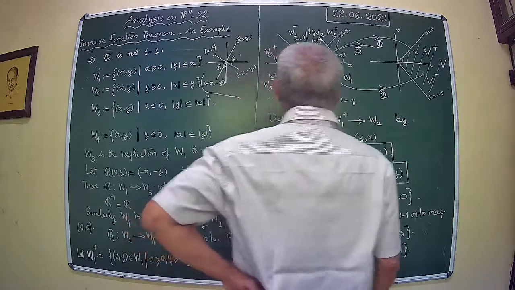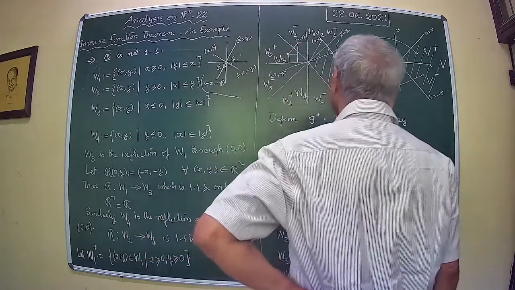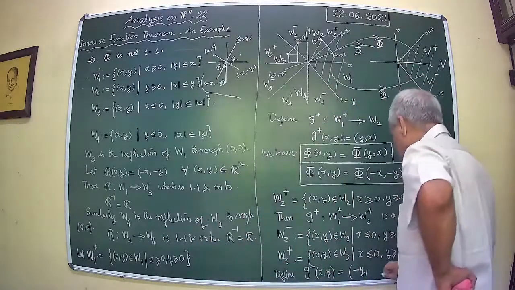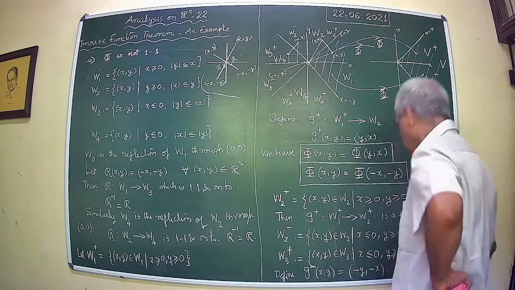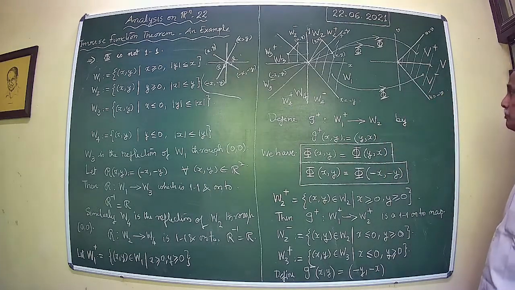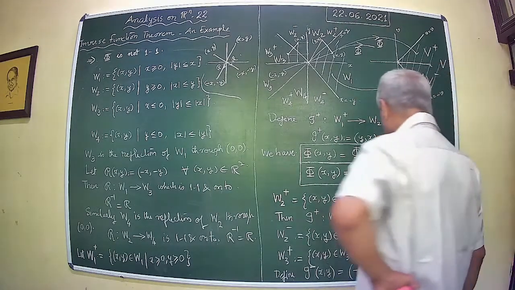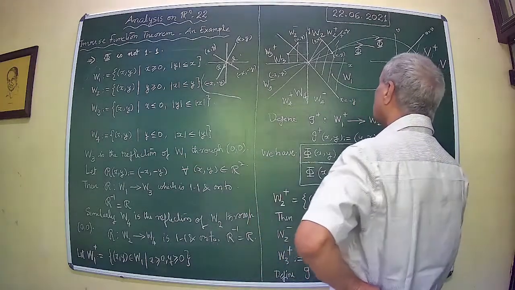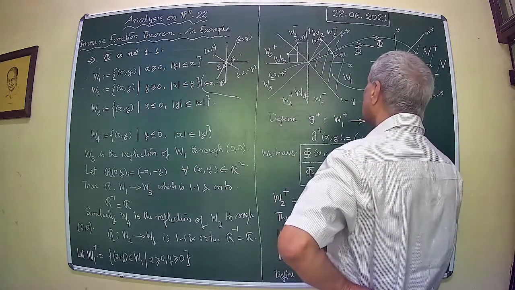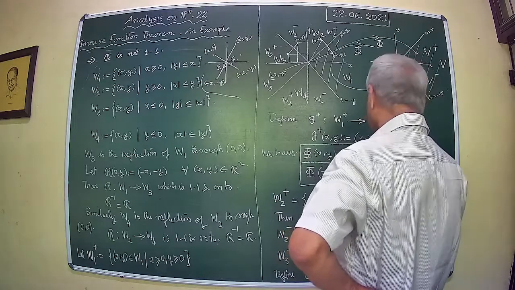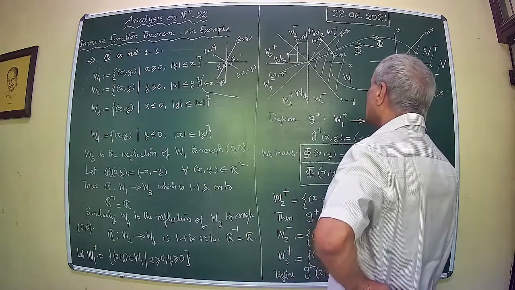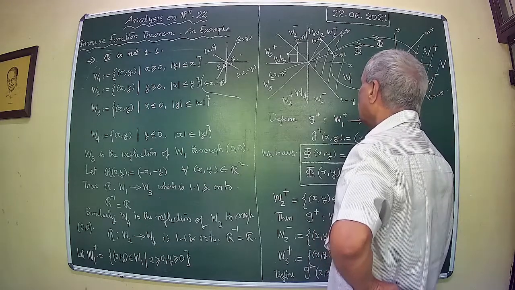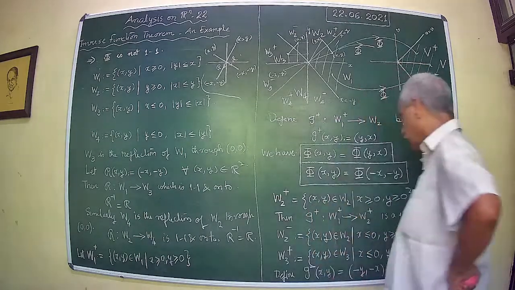So y is positive, minus y. X is already negative, so that is to be this.